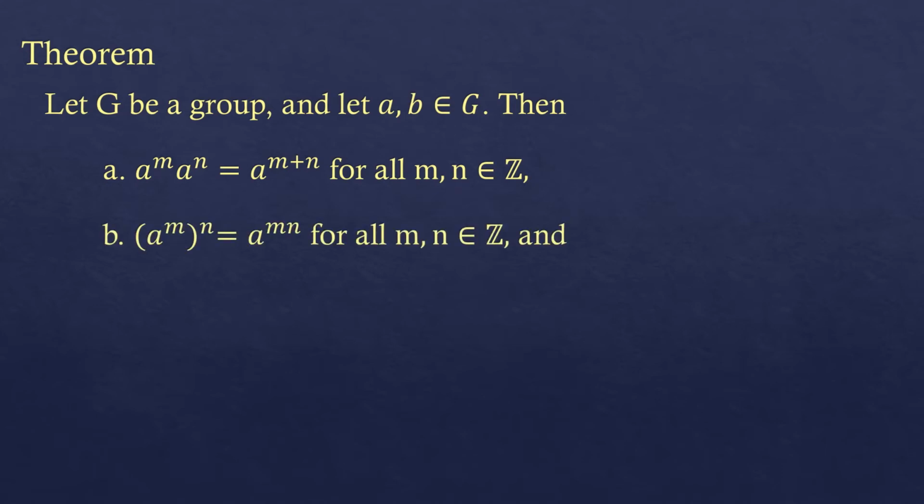Also, a to the power of m, all to the power of n, is equal to a to the power of mn for all m, n elements of the integers. And ab to the power of n is equal to the inverse of b times the inverse of a, all to the power of negative n, for all n elements of the integers.